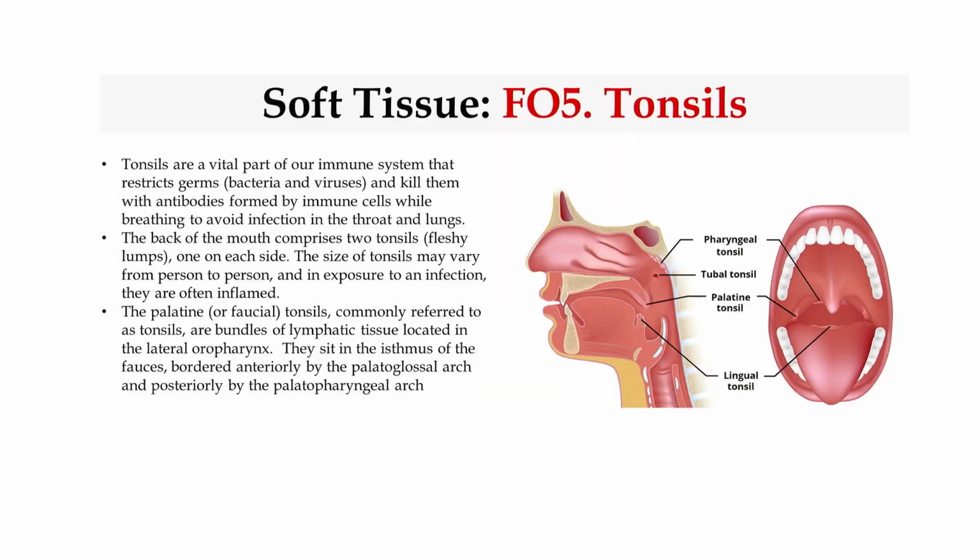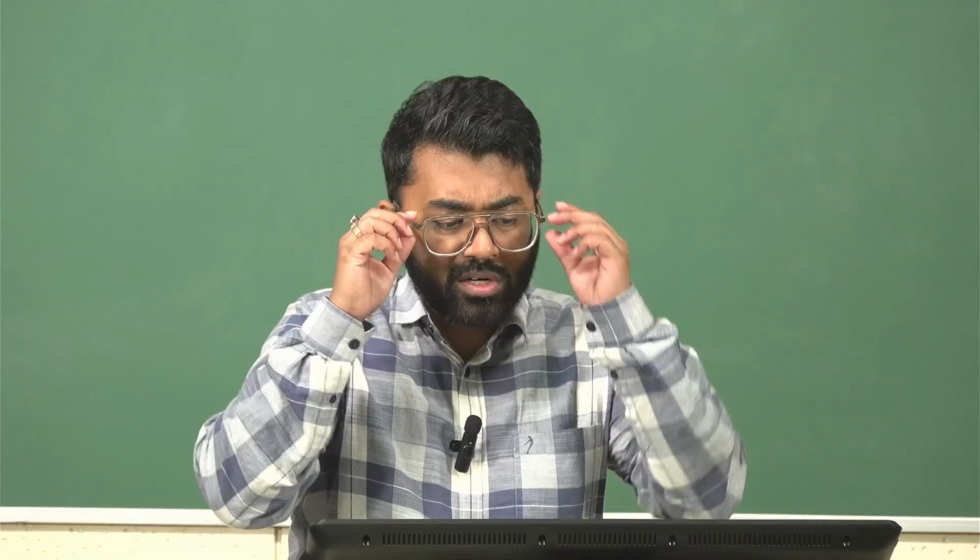These are typically known as fleshy lumps. They are made up of flesh, but they have a unique material property, one on each side. The size of the tonsils may vary from one person to another. Some people, based on the structure of their body, may have bigger tonsils, and based on different conditions may have different tonsil sizes, right? And with exposure to an infection, sometimes tonsils can get extremely inflamed or bulge up.